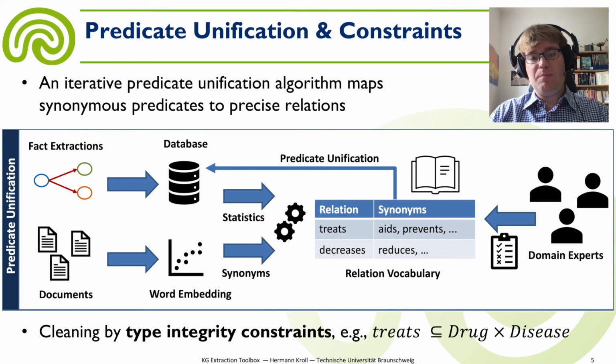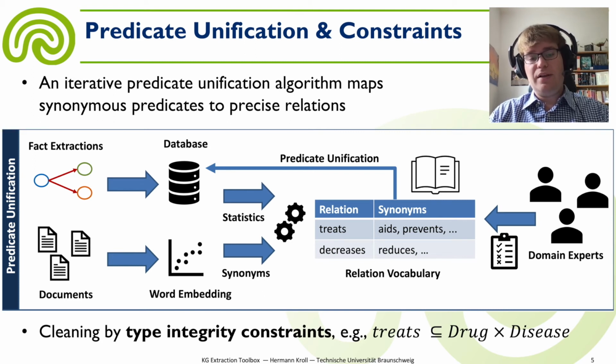However, there might be more predicates, and it might be very exhausting to define all predicates in this relation vocabulary, and therefore we integrated word embeddings into the process. A word embedding can be used to give you more information about similar words.